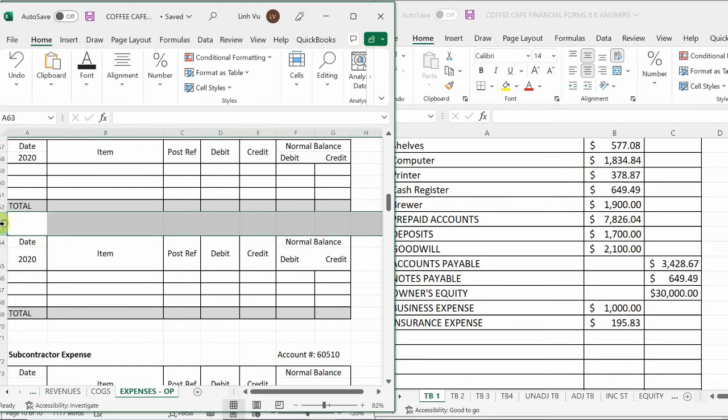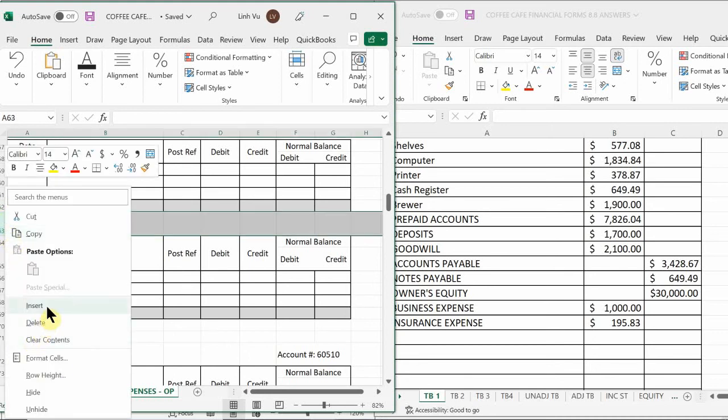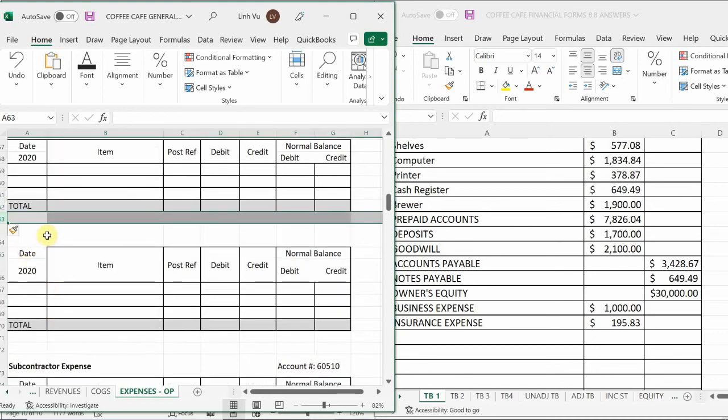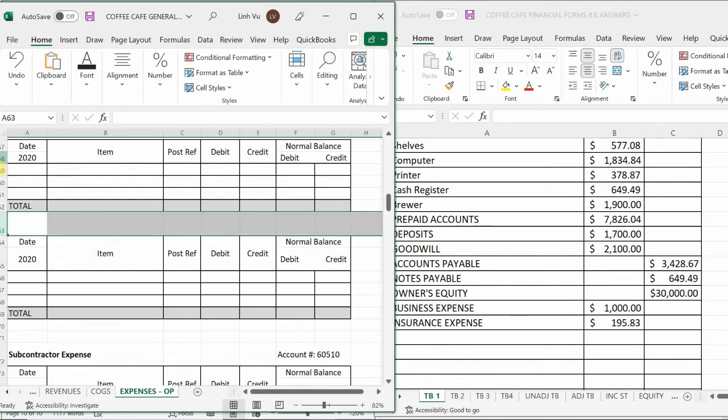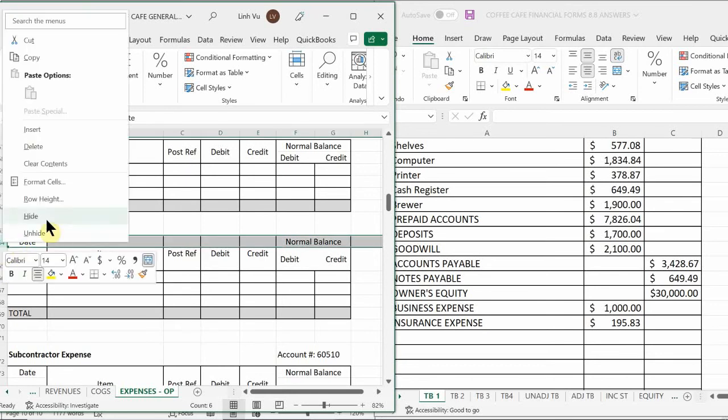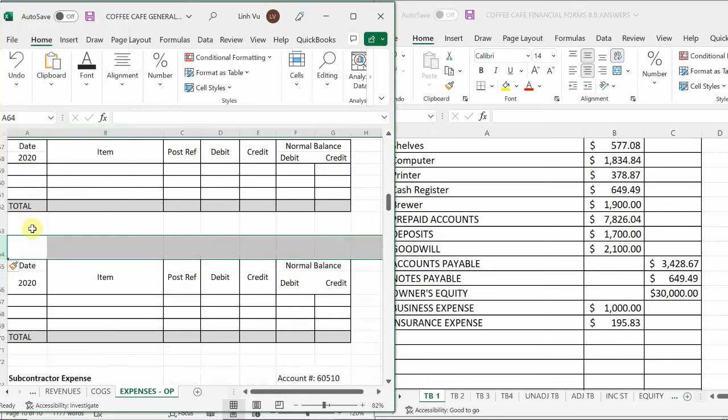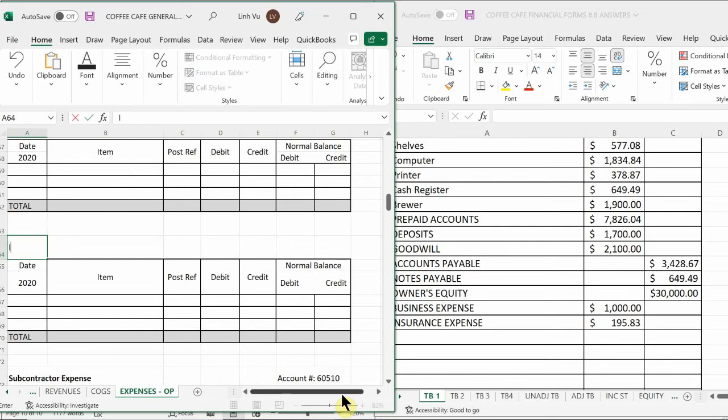So let me go ahead and just kind of insert that extra space there. Okay, so this is supposed to be labor expense.